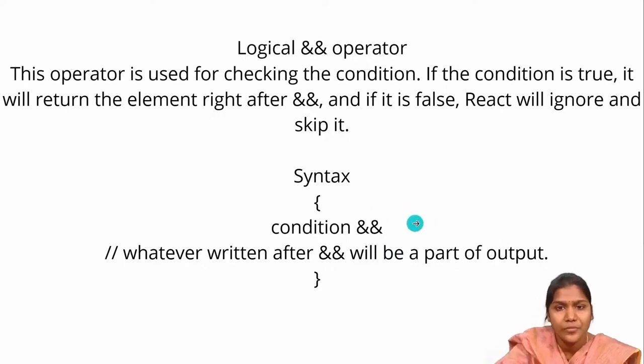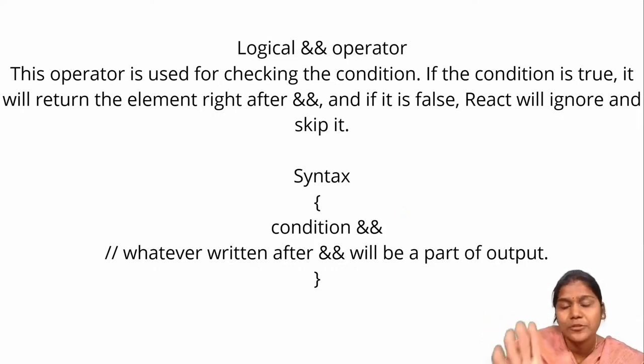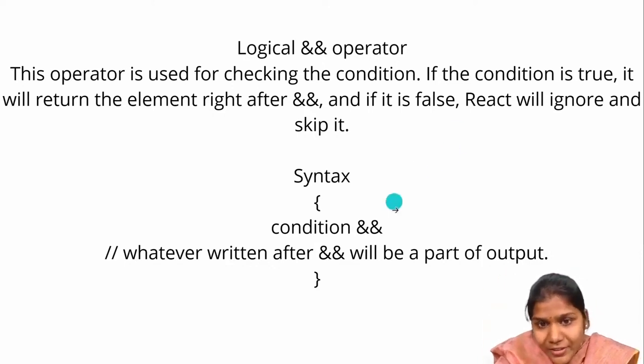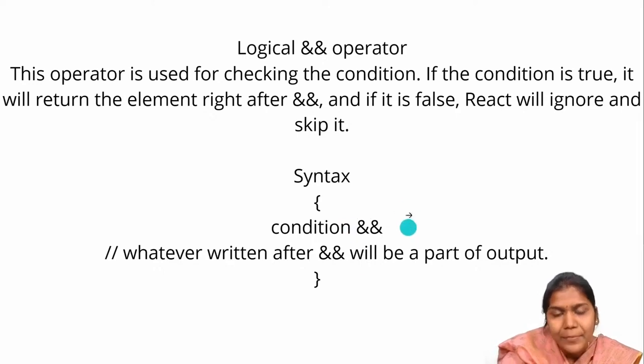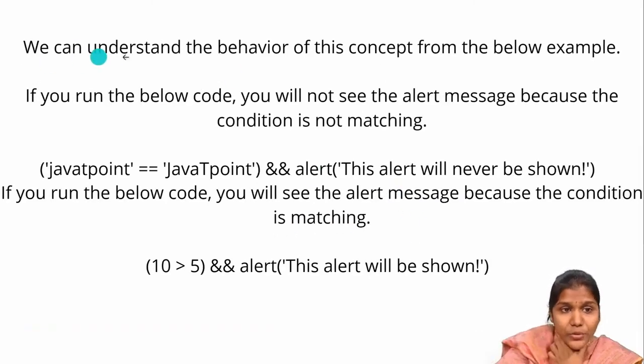What is the AND operator basically? When both conditions are true, only then is the condition satisfied and gives me the output true. Else it gives me false. Let us see an example for that also, so we can understand the behavior of the concept.